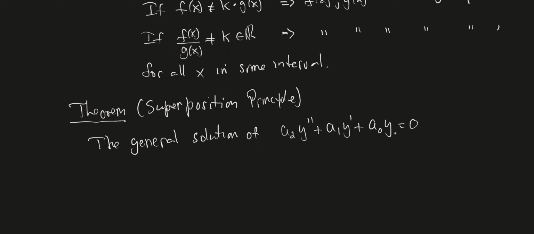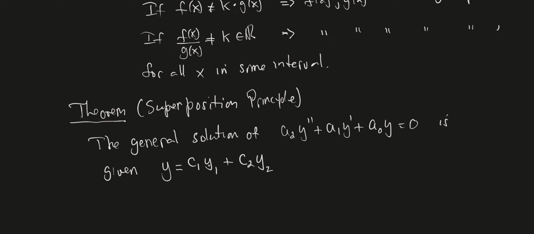So this is the type that we're solving. So the general solution of this equation is given by y equals c1 times y1 plus c2 times y2, where y1 and y2 are any linearly independent solutions of this equation.